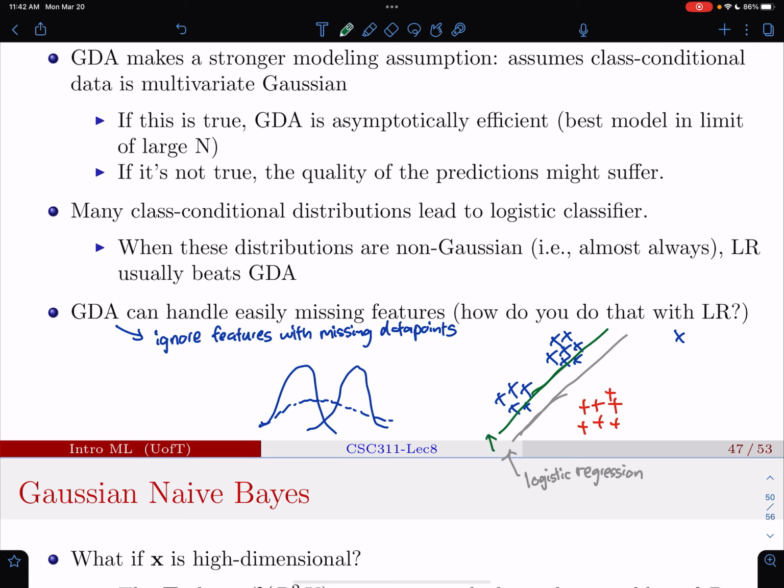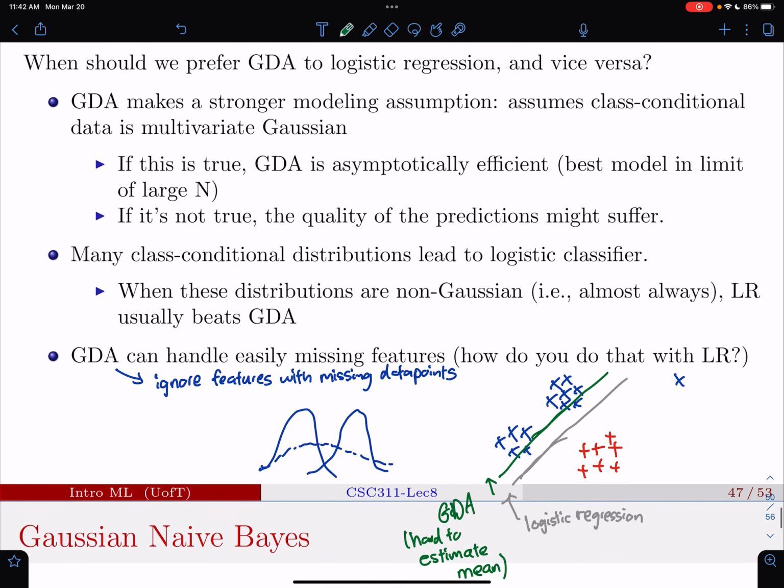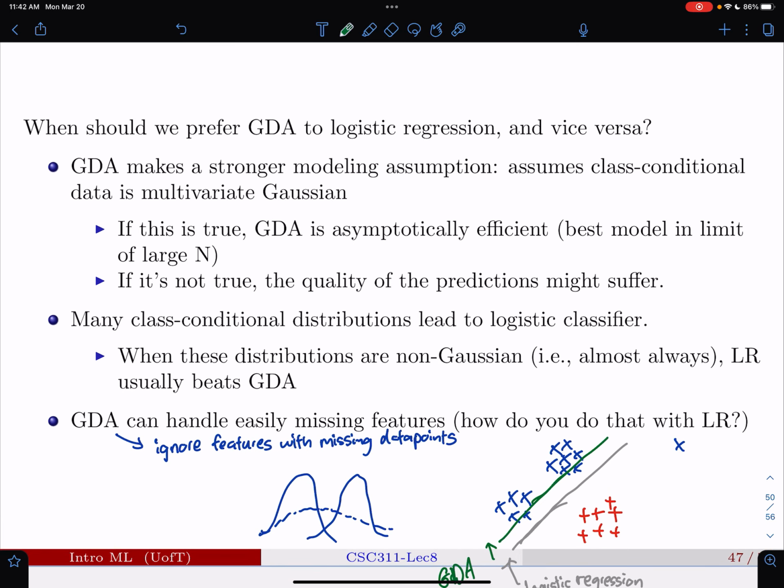Under the Gaussian approach, Gaussian discriminant analysis, it's harder to estimate the mean when there are two different modes. But if the data is actually Gaussian, then this approach is the best thing you can do. A student asks what is meant by Gaussian being hard to estimate.